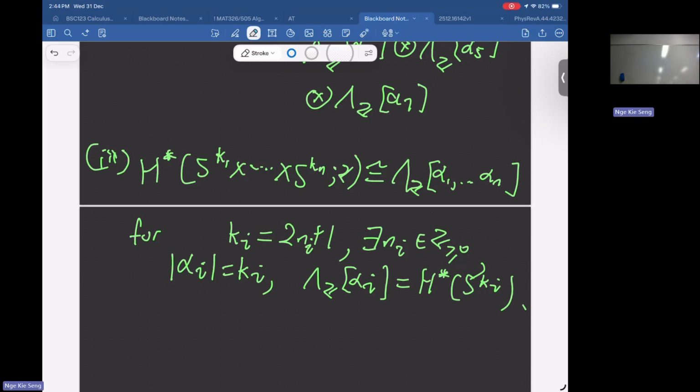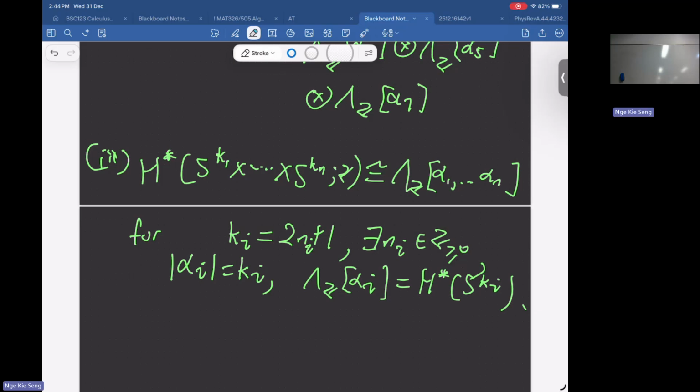For S2, do you know what the cohomology ring of S2 is? It is generated by a degree 2 generator.